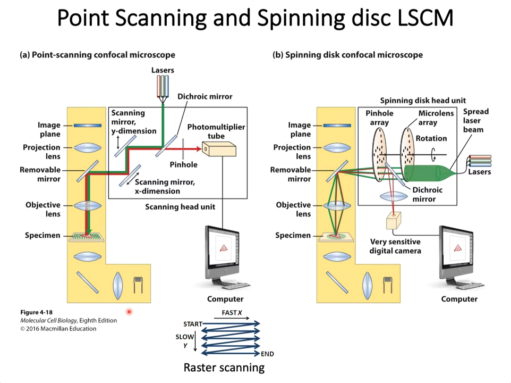So in the point scanning confocal microscope on the left, you can see there are two dichroic mirrors, one for the X dimension and another for the Y dimension. So these mirrors rock back and forth to precisely focus the laser to scan your image at a single point.